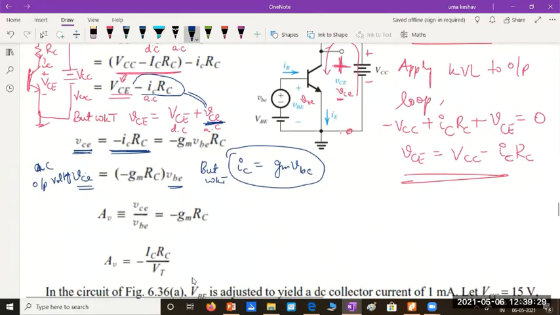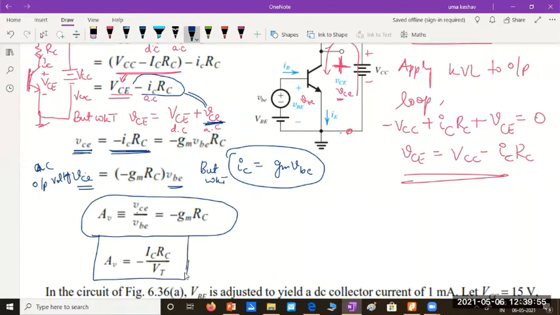Yes, Av is nothing but AC collector emitter voltage divided by AC base emitter voltage, which is given as minus gm RC from this equation. If I substitute for gm, I can put gm as IC by VT. So the expression for the voltage gain in the circuit can be minus gm into RC.